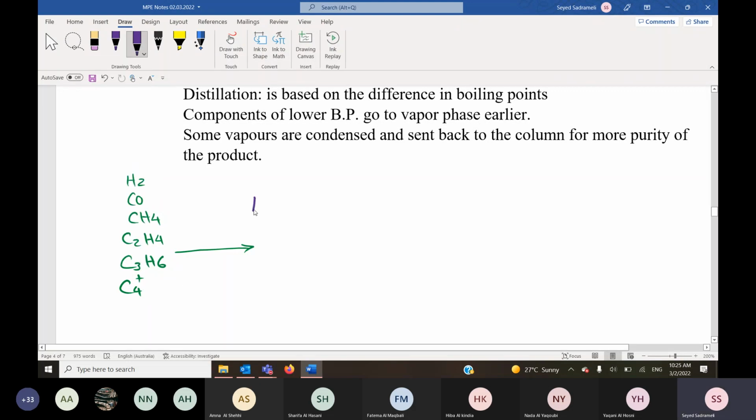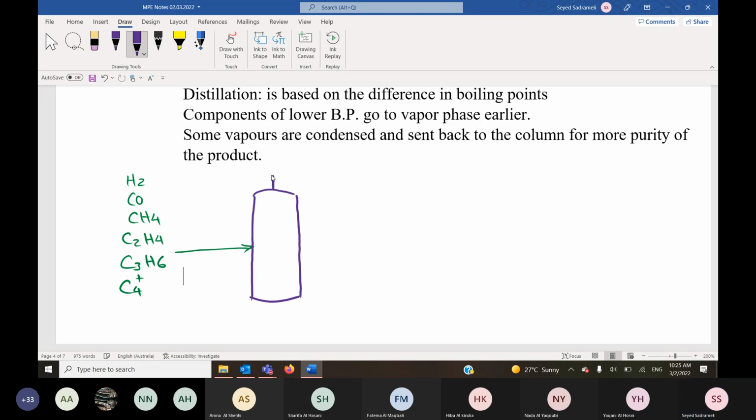So we have the first distillation column. From the top of the column, we have C2H4, and from the bottom, we have C3 plus, anything from C3 and heavier. Then it goes to the second column.